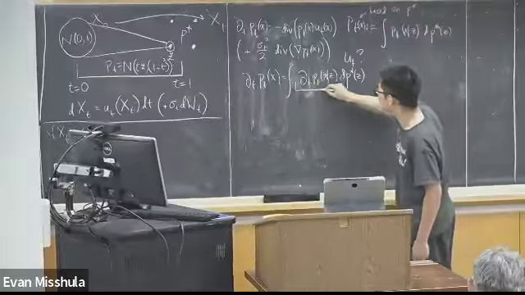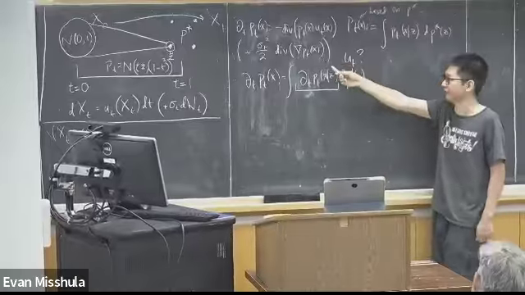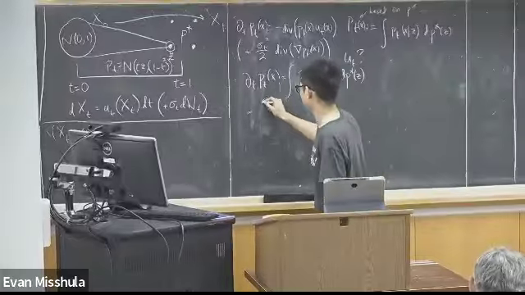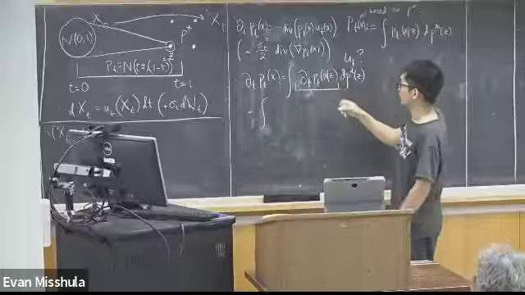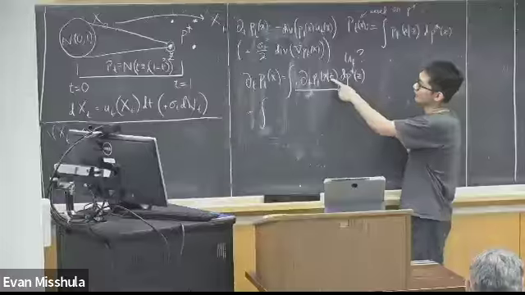Now, this inside looks a lot like the left side of the Fokker-Planck equation. So we're just looking at the path conditioned on z.